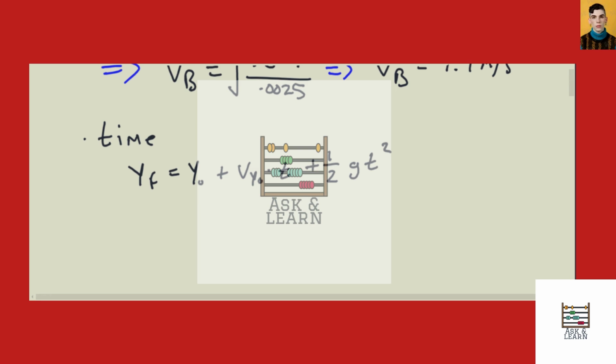Initially we can say it's at 0, and the velocity initial is again 0. So y final, the distance after exiting the tube, is 2, and that is equal to 1/2 g, 9.8, times t squared.